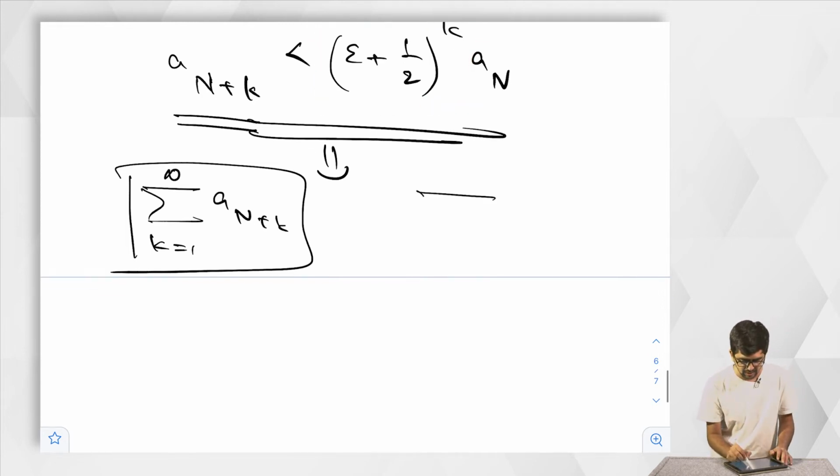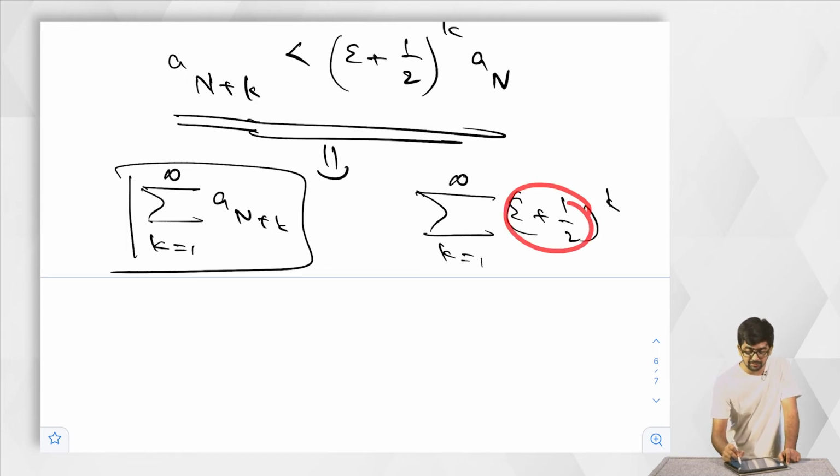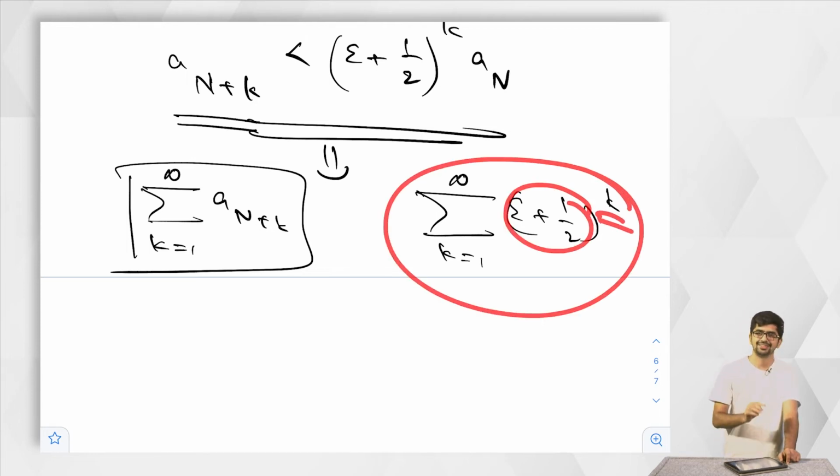So what we have is the summation of (epsilon plus 1 by 2) power k, k equal to 1 to infinity, is convergent. Why? We have some element L that is less than 1. Of course you can choose epsilon as I have done before. So this element is less than 1 and positive, so that element power k, this series is convergent.